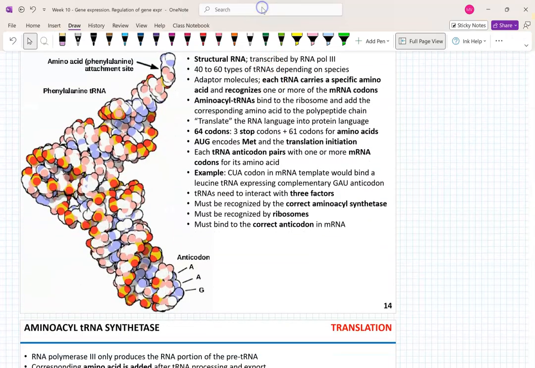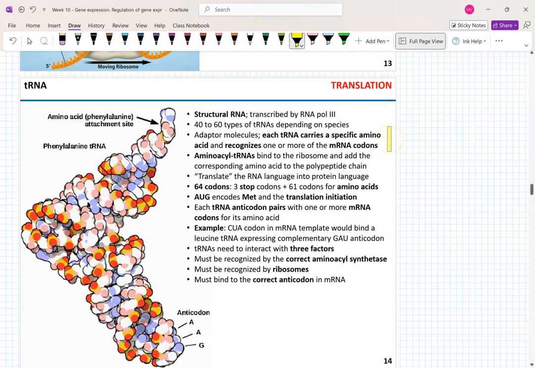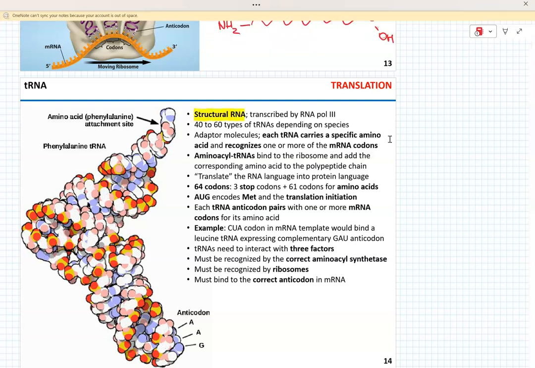What is tRNA, or transfer RNA? tRNA molecules are structural RNAs which are synthesized by RNA polymerase III in eukaryotes. Different species have different numbers of types of tRNAs, and the number of types can reach up to 60.